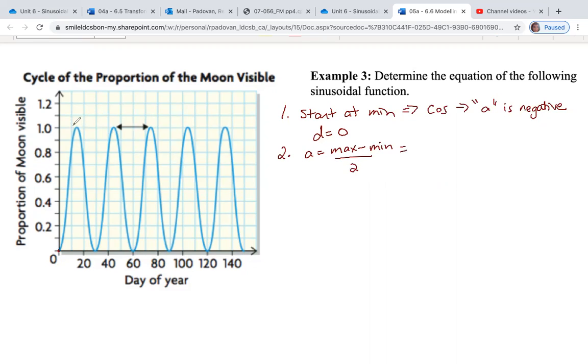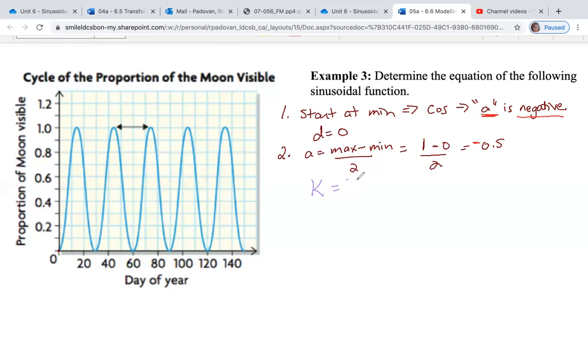Pull the numbers. My max is 1. My minimum is 0. So 1 minus nothing, 1 divided by 2 is 0.5, or I can write that as a half. But don't forget, it's easy to forget, that A has to be negative simply because it's starting at a minimum. So then I go back and I do add that negative in there, right? Don't forget that part. So then for my K value, right?